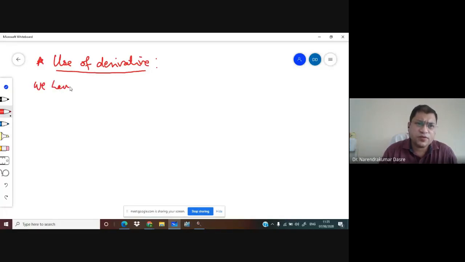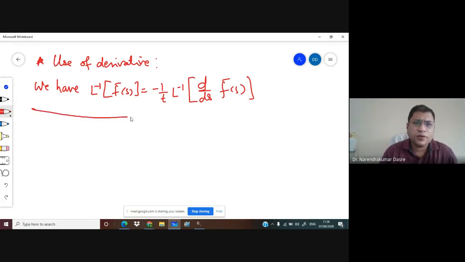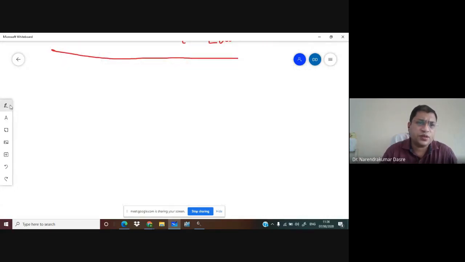What we know is the inverse Laplace transform of f bar of s is equal to minus 1 by t times the inverse Laplace transform of d by ds of f bar of s. Okay, so that's what we have. Now let us try some more examples.